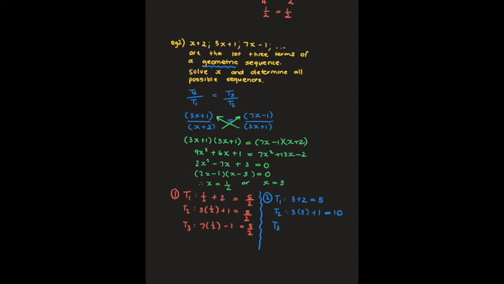And for term 3, it's going to be 7 times 3 minus 1. So 7 times 3 is 21, minus 1 is 20. So that pattern looks a bit better. We can see that between the consecutive terms, 5 times 2 is 10. 10 times 2 is 20.